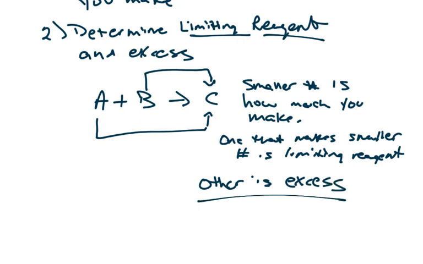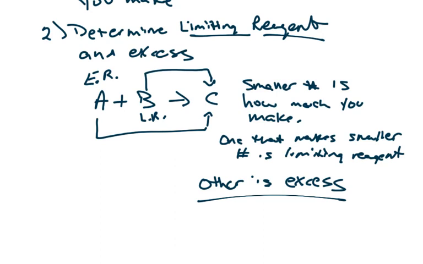So let's say, for all practical purposes, that in this particular reaction, this one is our limiting reagent, this one is our excess reagent. Okay? So we figured that out because we figured out numbers. And I'm just telling you what, the B made a smaller number of C. So B is our limiting reagent. So that means at the end of the day, B is 0.